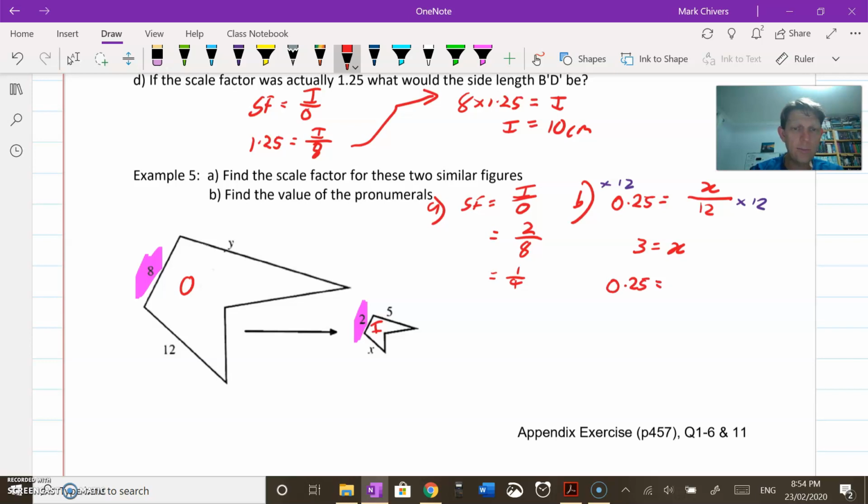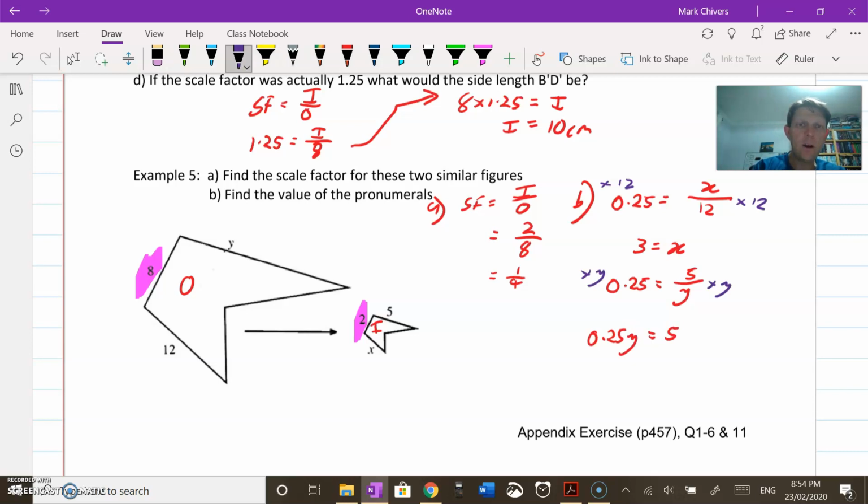To find out the other one, I can use that same formula. 0.25 equals the image size, which is 5, over the object size, which is y. For this one, I'll have to take a couple of extra steps. I'll have to multiply both sides by y to work out what to do next. And that's going to leave me with 0.25y equals 5.